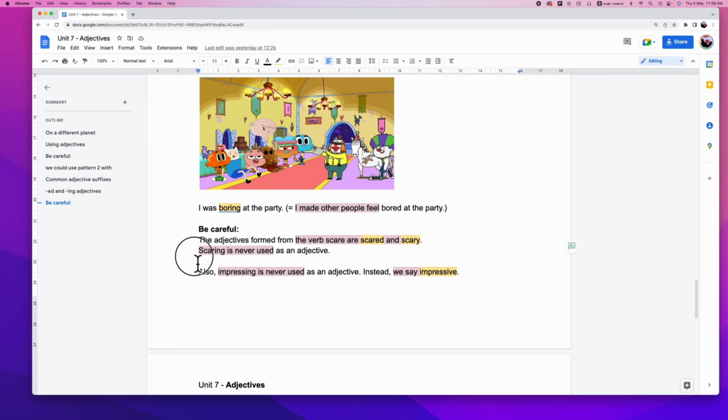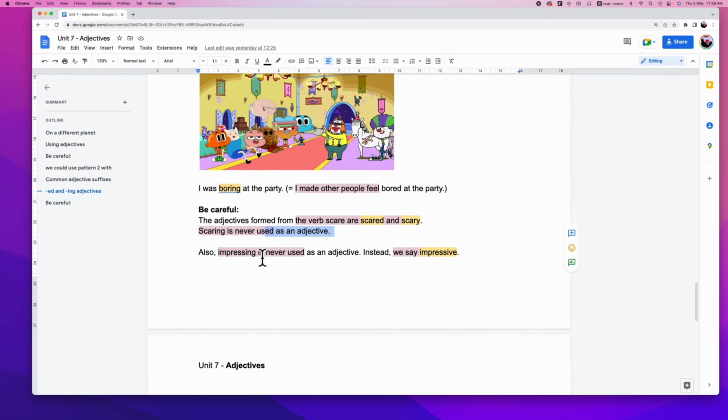Scaring is never used as an adjective. There's also another word, impress. Impressing is never used as an adjective. Instead, we say impressive.